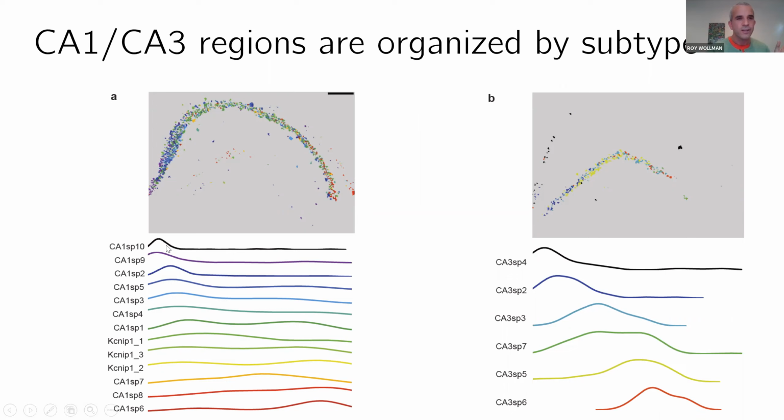Here subtype 10 is starting, and then 9 and 2 and 5, and you can really see the progression until in the end, on the right side, there is a higher frequency of type 8 and type 6, and same thing for the CA3 region. This really argues that it's not even always clear if those types are really distinct, or are we just looking at a continuum that, by the way they built the taxonomy, they decided to break down into specific bins.